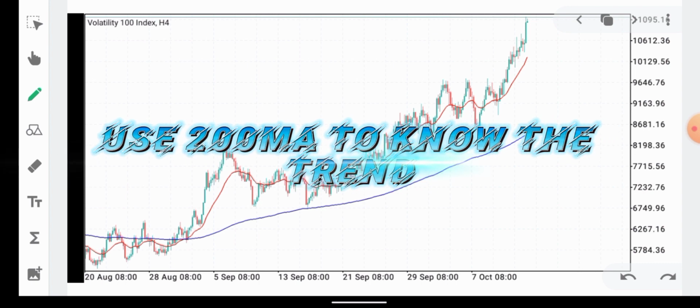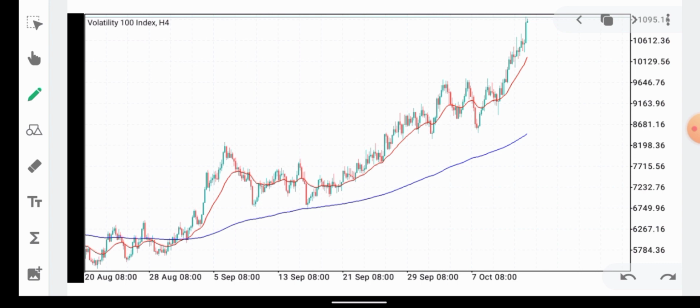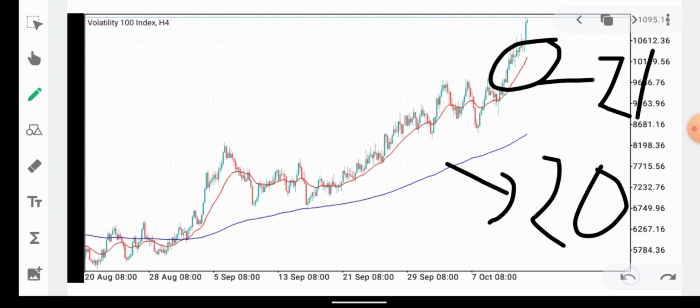What you are seeing in our charts, the red line is representing moving average 21, and the blue line is representing moving average 200. First of all, we know that this market is in an uptrend because price is above this blue moving average, so we should look to buy only. So first of all, you know the trend.